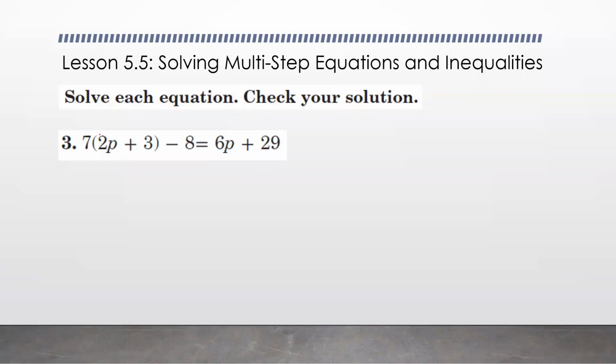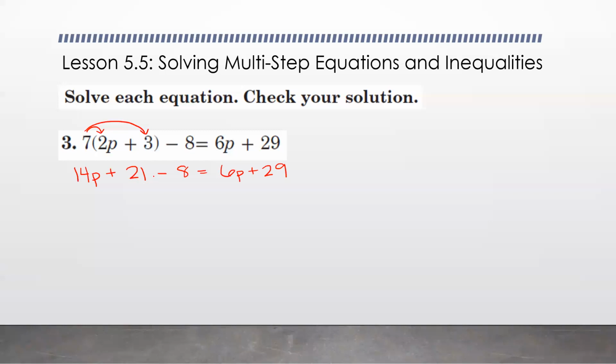So I have a 7 outside my parentheses. So again, I need to distribute and multiply the 7 times both terms in the parentheses. So 7 times 2p, that's 14p, and 7 times 3 is 21, and then I still have this minus 8 equals 6p plus 29, okay?